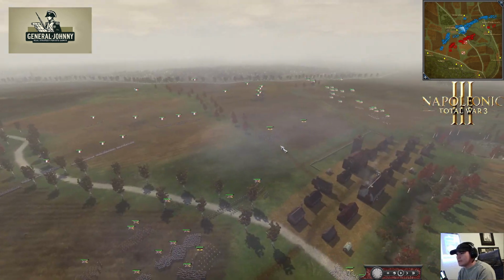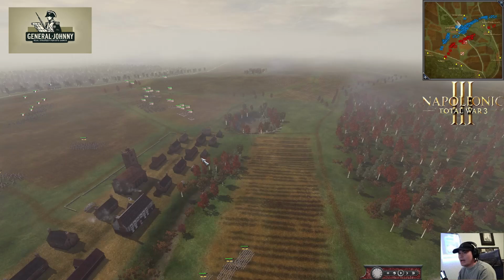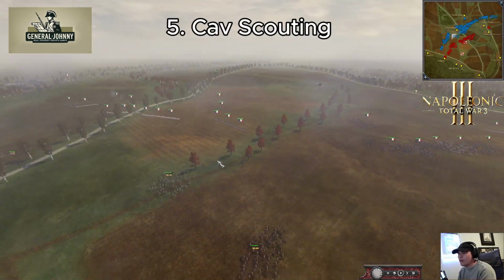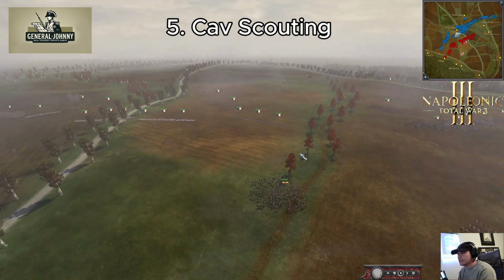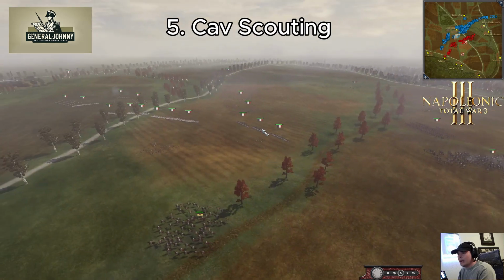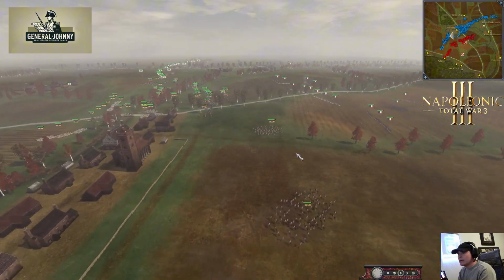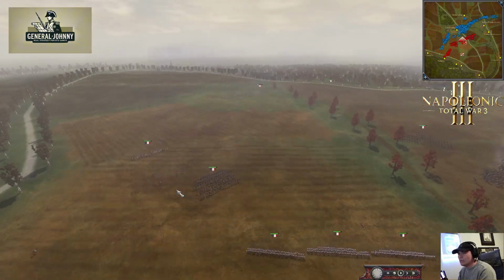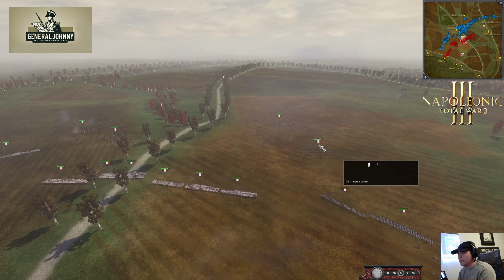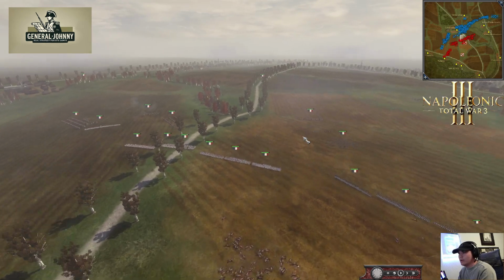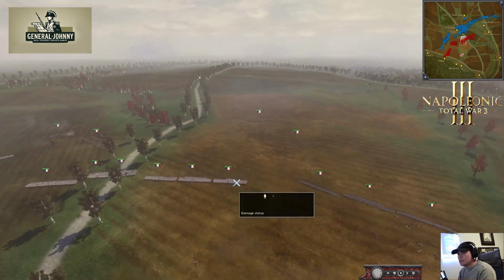All right, so that's a lot of the light cav play right now, and as you can see, it has free roam here to really just scout in its lane and identify where the enemy is setting up. Because if these guys weren't here, you really wouldn't have any visual on any of these units. You'd see the general, but you wouldn't see a lot of this stuff.